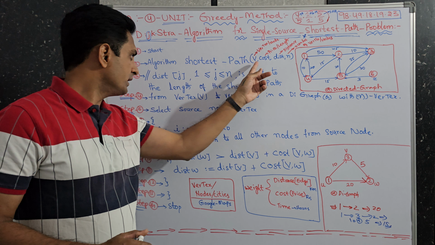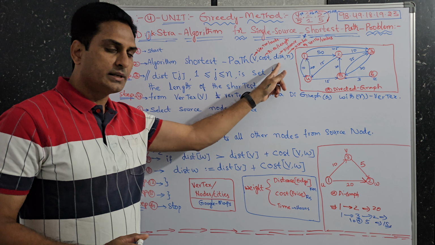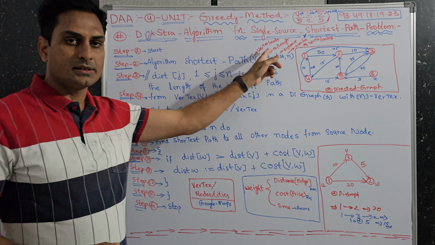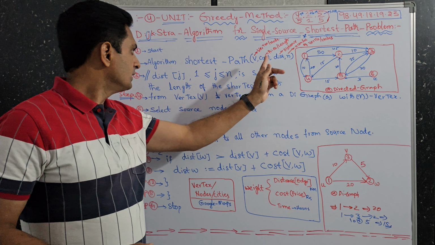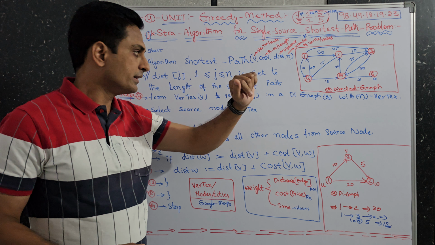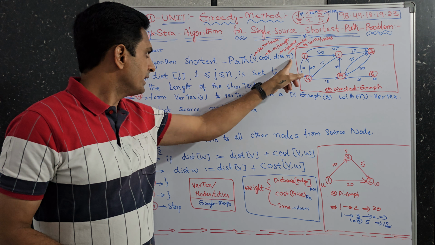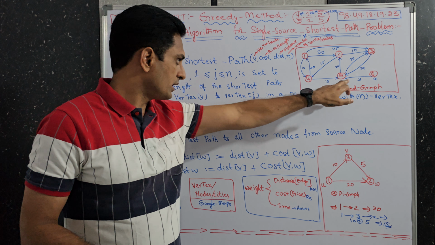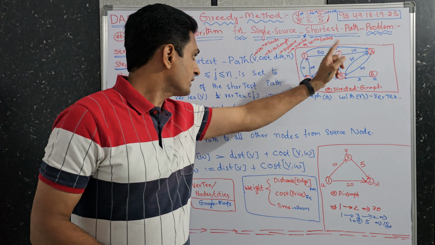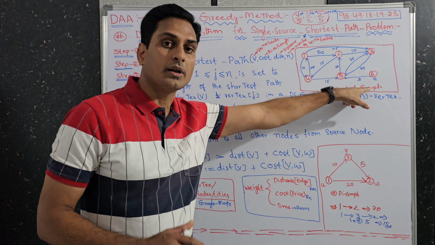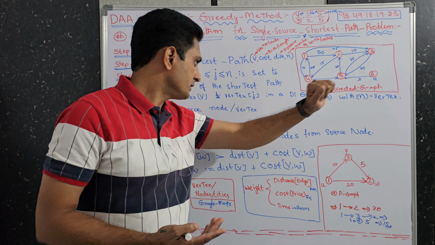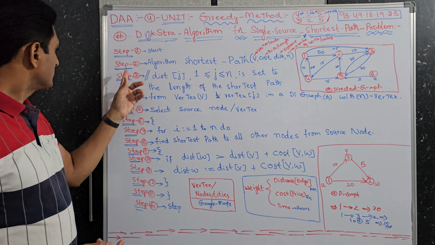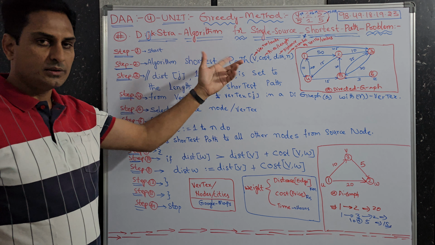These are the variables: v, cost, distance, and n. V is a vertex, a node, for example 1 or something else. Cost means price, length, distance, and n is the number of vertices. Here in this example, the number of vertices is 6, maximum nodes in this example.